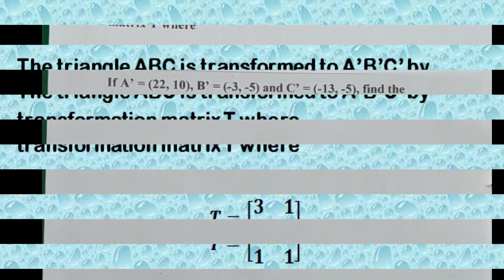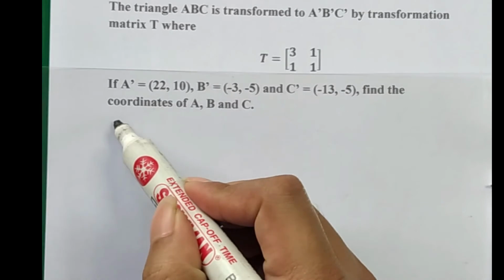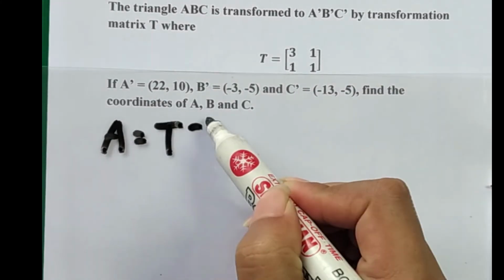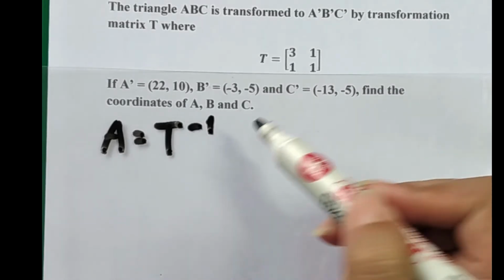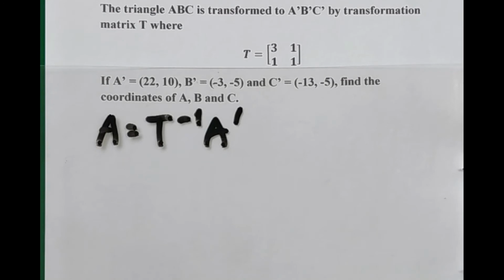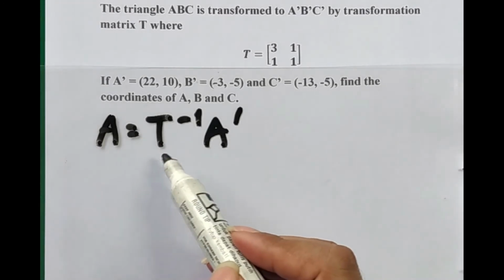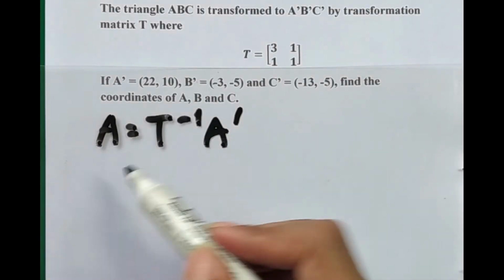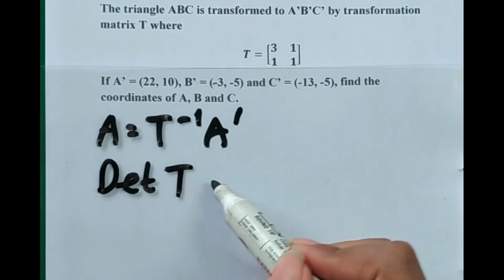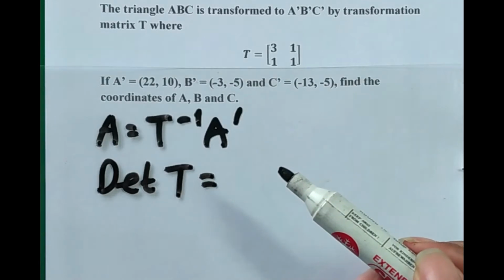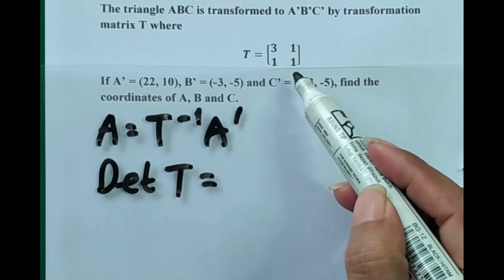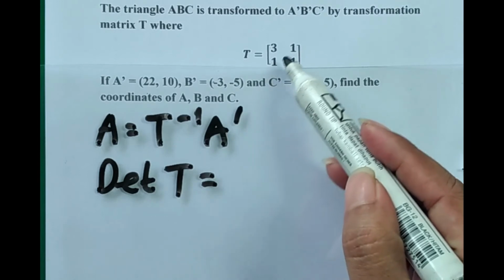As I said before, A equals the inverse of the transformation matrix times A accent. In order to find the inverse of T, we have to find the determinant of T first. How to find the determinant of T? The determinant of T is the product of this diagonal subtracted by the product of the other diagonal.